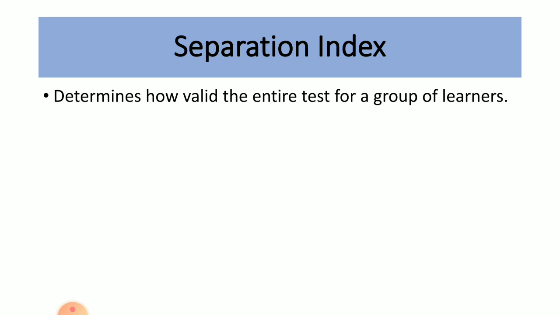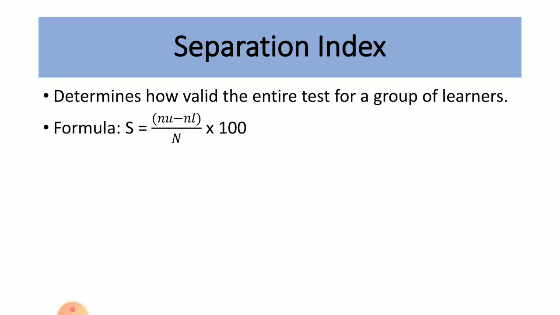So it provides information on the number of learners who got the item correct in the upper subgroup and those in the lower subgroup, and the ratio of the difference between the two subgroups to the total number of learners in the entire group. The index provides the discriminating power of an item for the group.